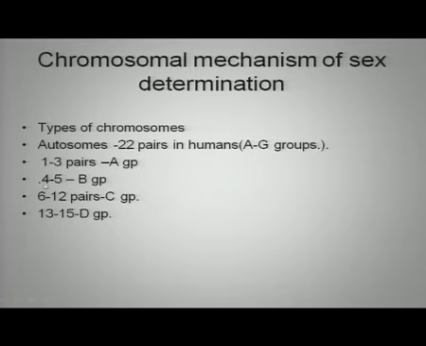Then the next 2 pairs, 4th and 5th pair, will form the B group.